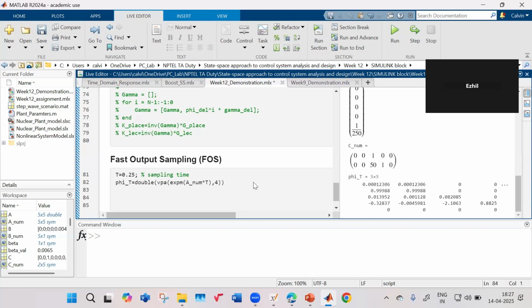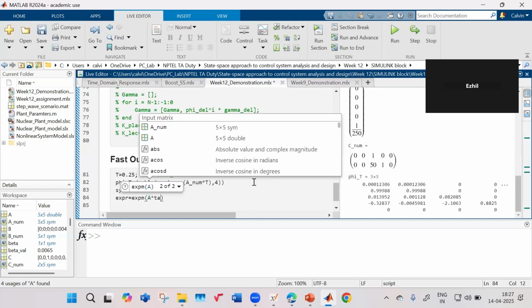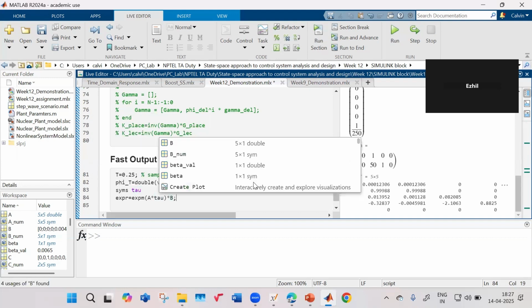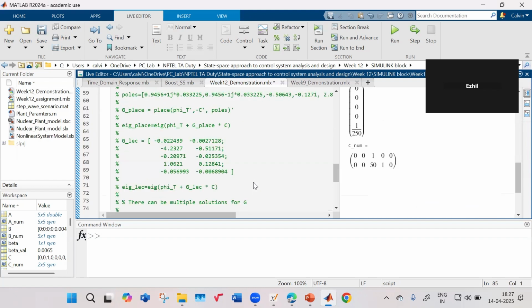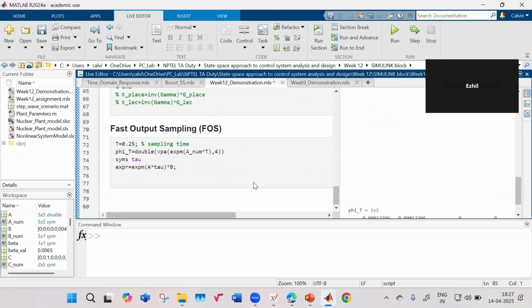Now we do it for gamma. So the expression is expm. We take a symbolic variable tau. The expression is expm of A into tau, into B. And we have to do omega underscore t.